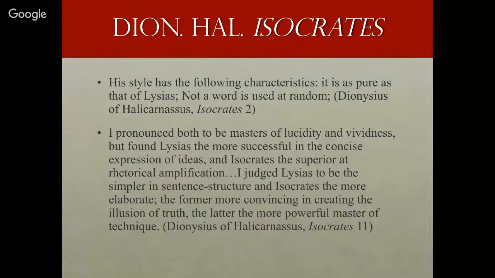Next, I proceeded with Isocrates, and the reason is that he seemed to be somewhere in the middle for Dionysius. So he says that his style is as pure as that of Lysias, yes, but when he continues in the second passage, he says that I pronounced both to be masters of lucidity and vividness, but found Lysias the more successful in the concise expression of ideas, and Isocrates the superior at rhetorical amplification.